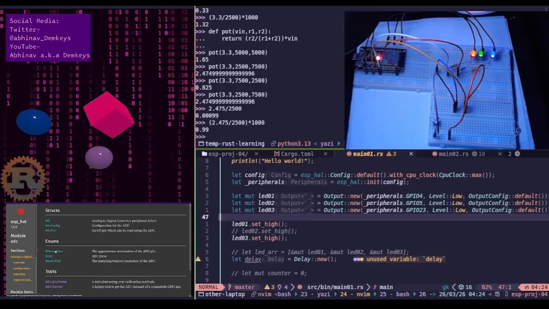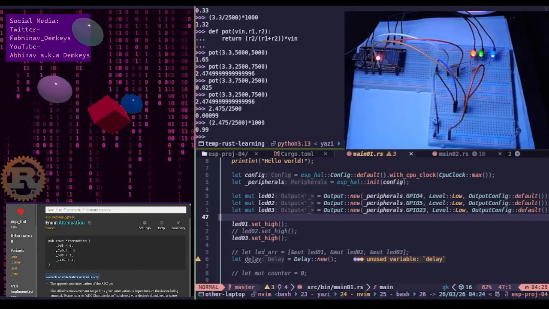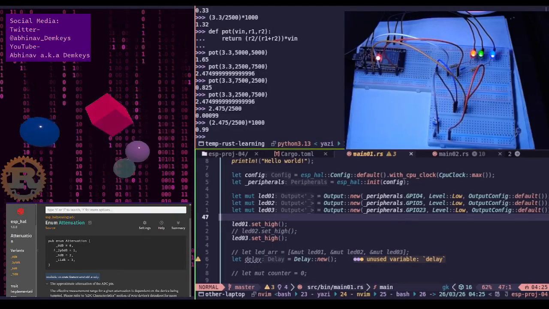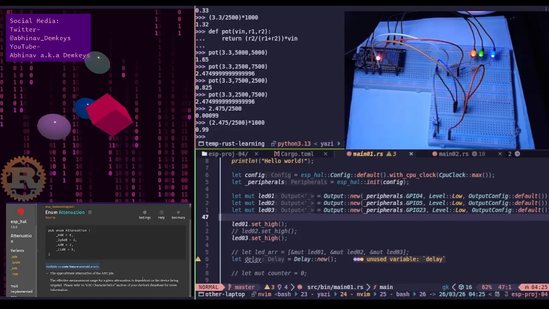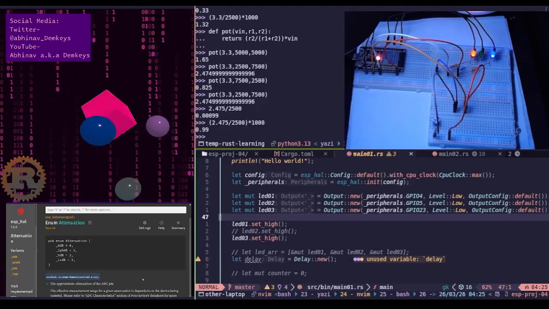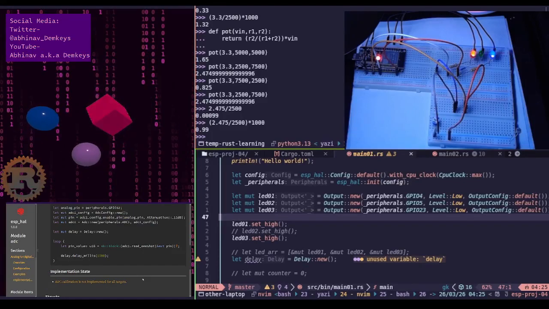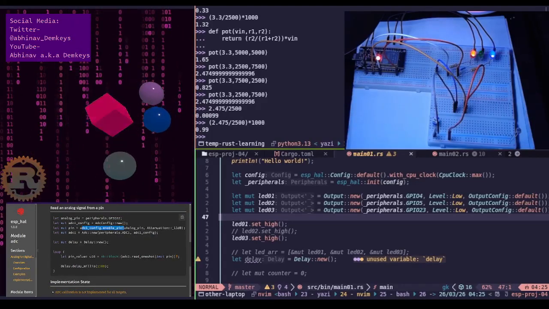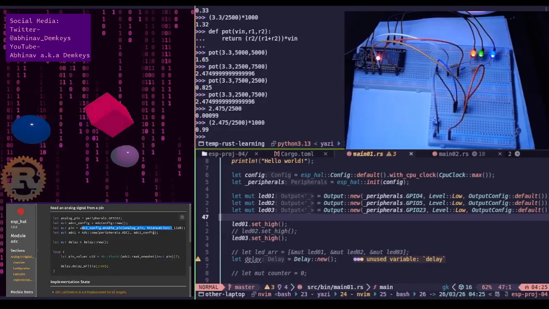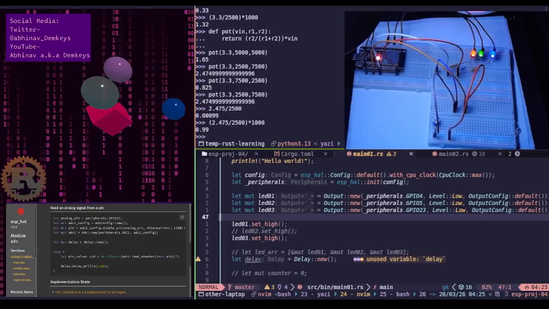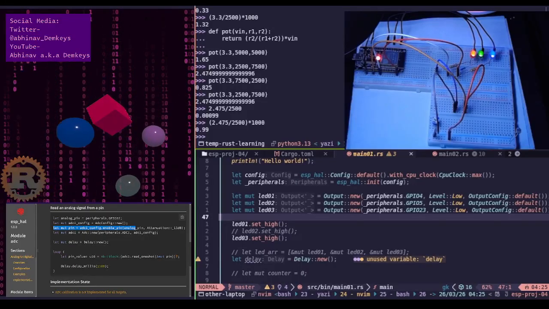Okay, so we have attenuation here. So the approximate attenuation of the ADC pin. Oh, hold on. Does this mean we can set the attenuation when we enable the pin? Yes, we can. And I guess that solves that attenuation problem for us.